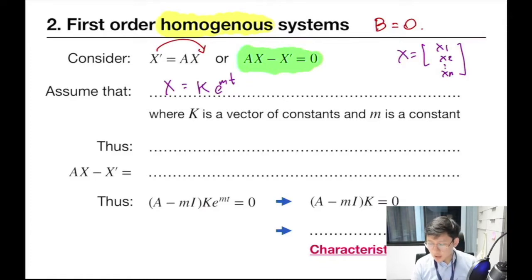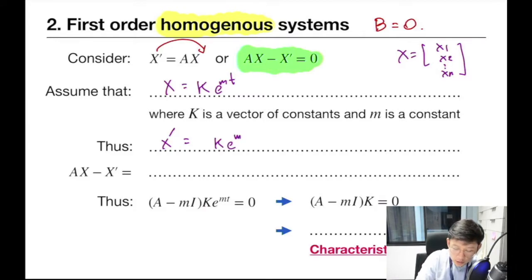First, we know that x prime would be, what is it? m is a constant, K is a constant, isn't it? So we have m, we have K, and we need to differentiate e to the mt. So we get e to the mt, and then we have m here, right? That is to differentiate e to the mt when m is a constant. Don't forget, we differentiate by t, which is the independent variable.